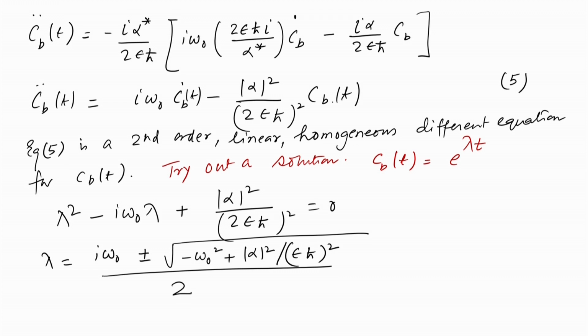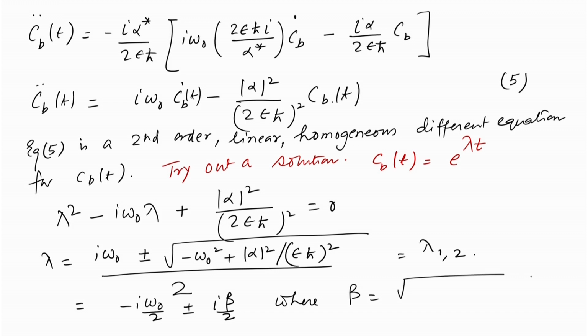So, these are the two roots of this equation, and this can be written as minus i omega naught by 2 plus or minus i beta by 2, where beta is equal to the root over omega naught square minus alpha square by epsilon h cross square.